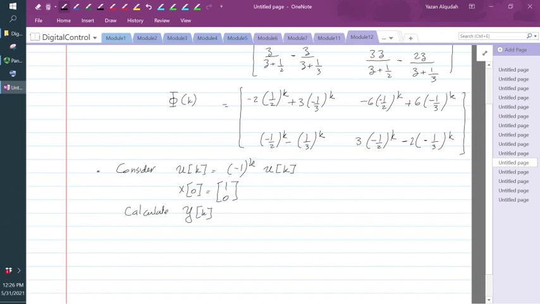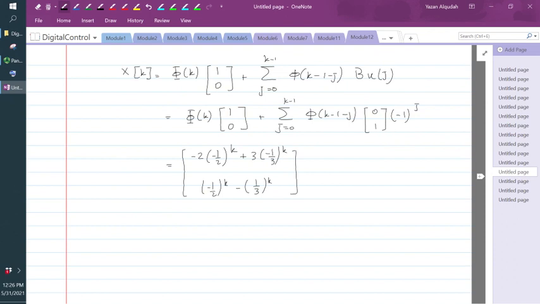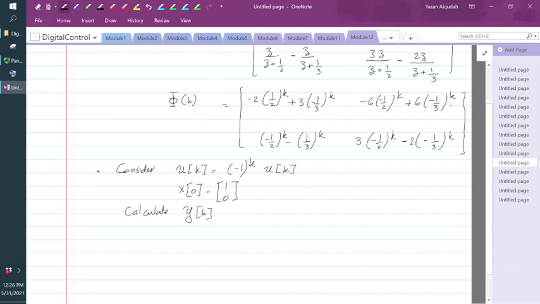What is going to survive is this term and this term, because the other terms multiply by a 0. And then we're going to have the summation from j equals 0 to k minus 1. Same thing: if I multiply the matrix with 0, 1, this term is going to survive, meaning this term and this term.